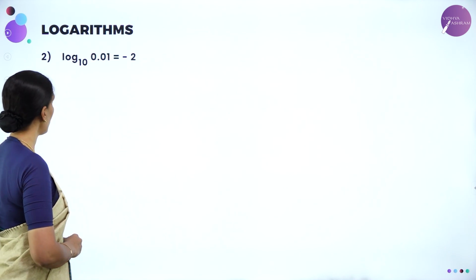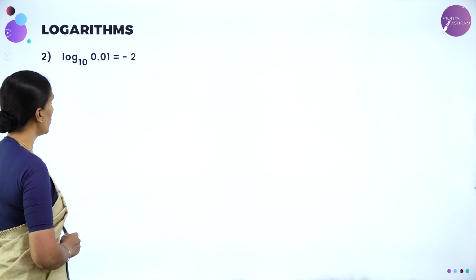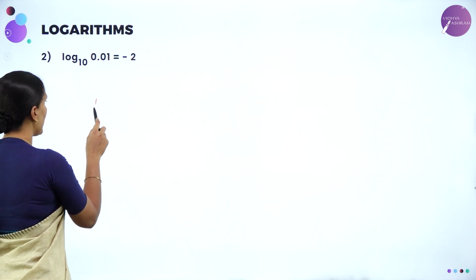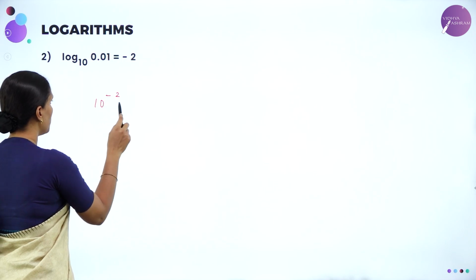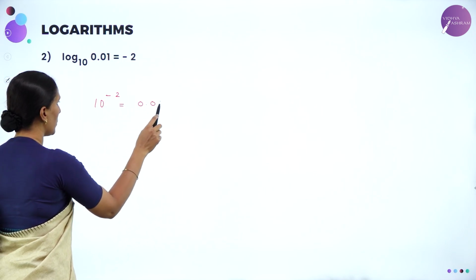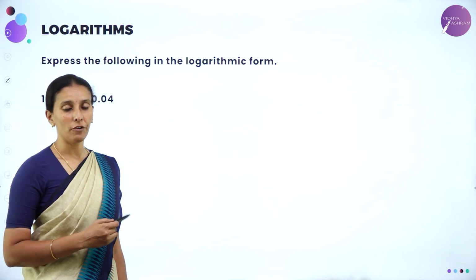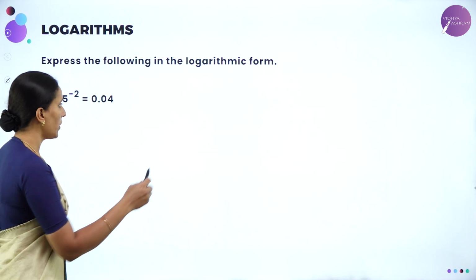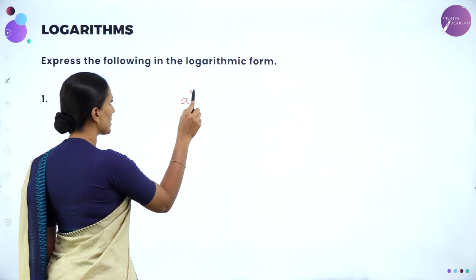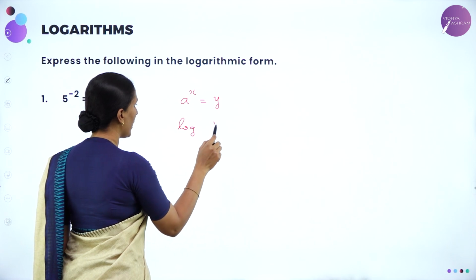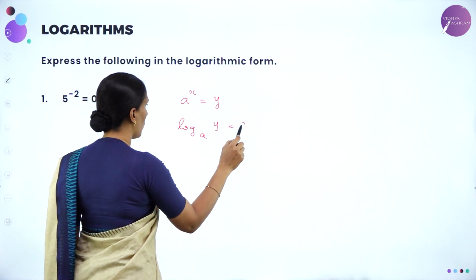Next. Log 0.01 to base 10 is equal to minus 2. So this can be written as 10 to the power minus 2 is equal to 0.01. Next. So now here, express the exponential form in the logarithm form. So we know that a power x is equal to y means we can write it as log y to base a is equal to x.